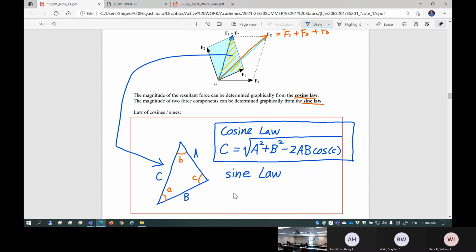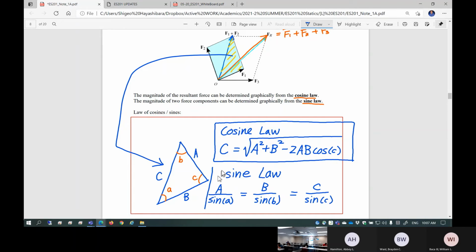So what is the sine law? Sine law basically says the length of edge A divided by the sine of the angle A, which is opposing edge A, must be equal to the length of edge B divided by the sine of angle B, which is the angle opposing edge B, which is equal to the length of C over the sine of angle C, which is opposing it.